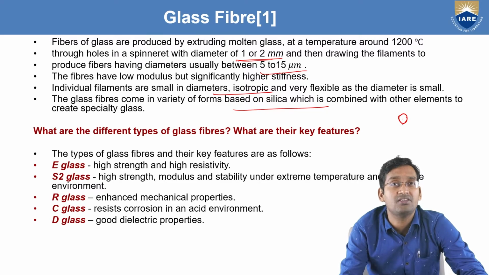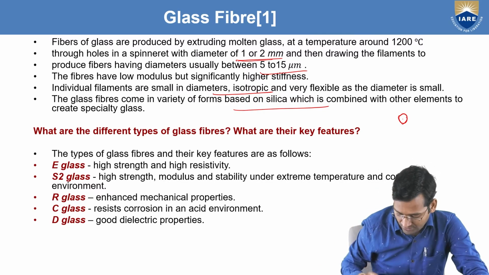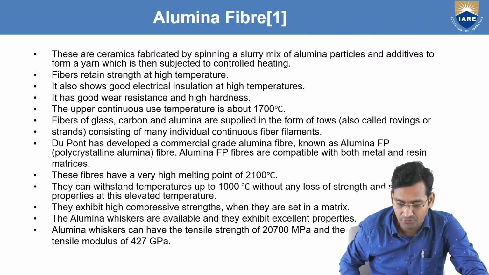C glass resists corrosion in an acid environment, so in an acid environment C glass also does not corrode. D glass has good dielectric property. So these are the different types of glass and their key features.